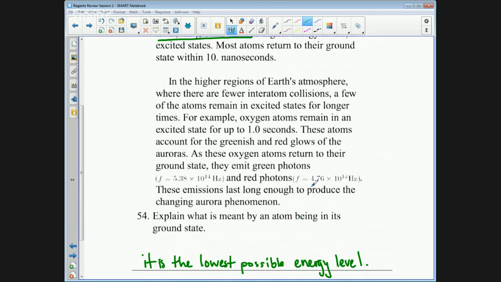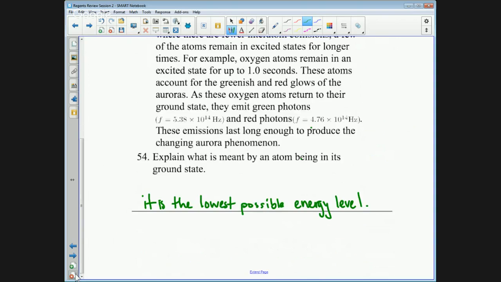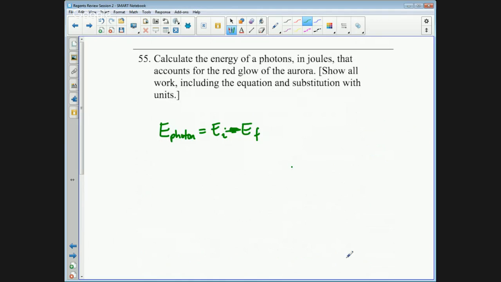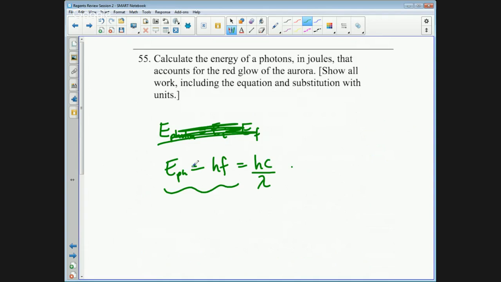The formula that I actually do have to use is the other formula, not this one. The energy of a photon equals Planck's constant times the frequency, and it also equals hc over lambda. So we're just going to use this one. We're talking about the red glow, so that would be 6.63 times 10 to the negative 34 joule seconds times the frequency given in that problem for red.